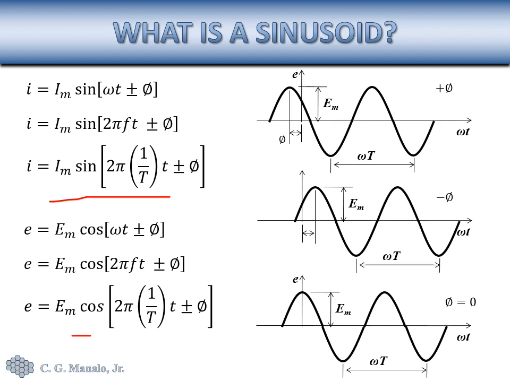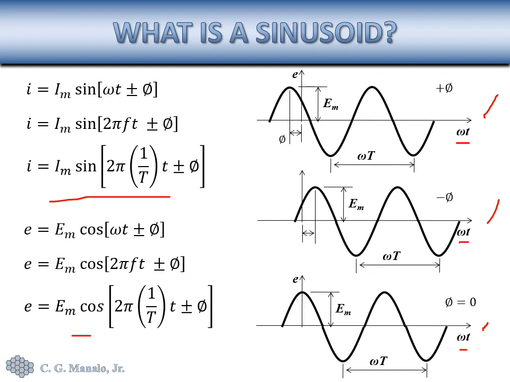So here's an example: a voltage expressed as a cosine function, and their corresponding waveforms are these. If the phase angle is positive, we get this one. If it is negative, we get this one. And if it is 0, we have this one. Take note that this plot is in terms of omega t, which is actually in radians.